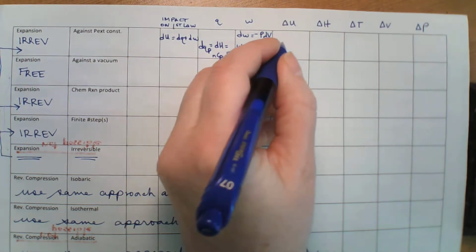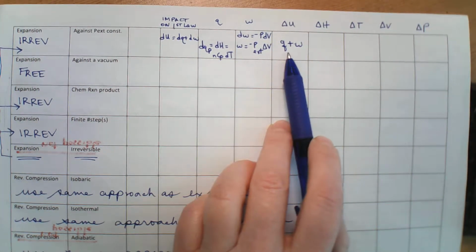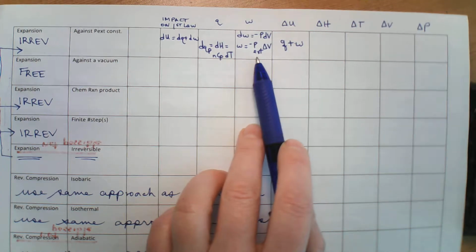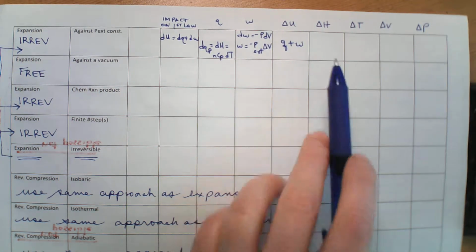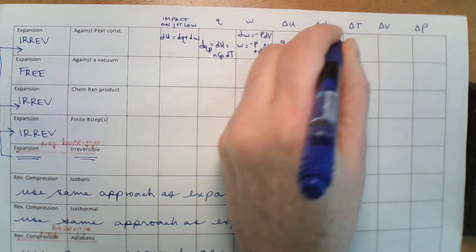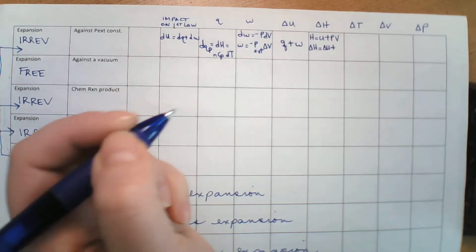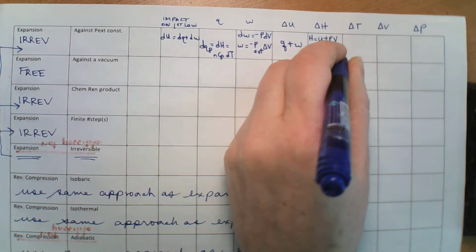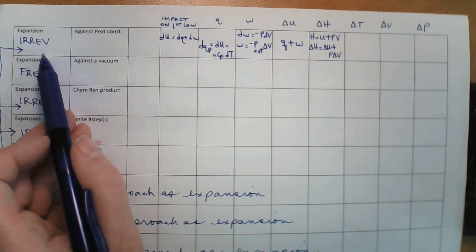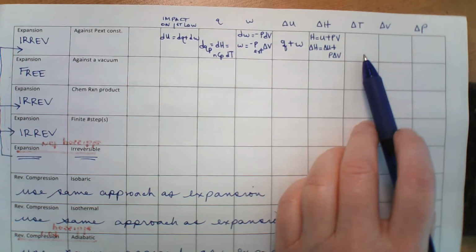Delta U then is just going to be equal to whatever you got for the Q plus W. So that'll be equal to your n Cp delta T plus your minus P external delta V. Your delta H is always equal to delta U plus delta of PV, and so my delta H is equal to my delta U plus my P delta V. From delta T, you can find out what your T2 is.